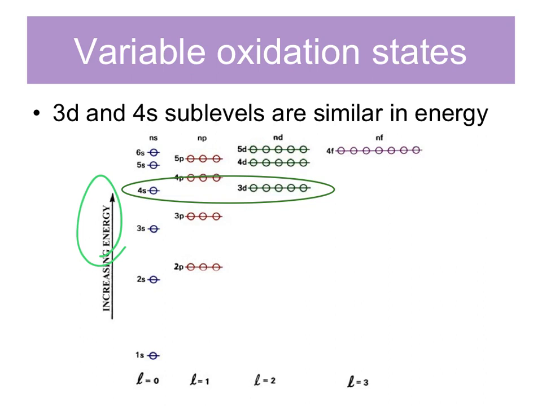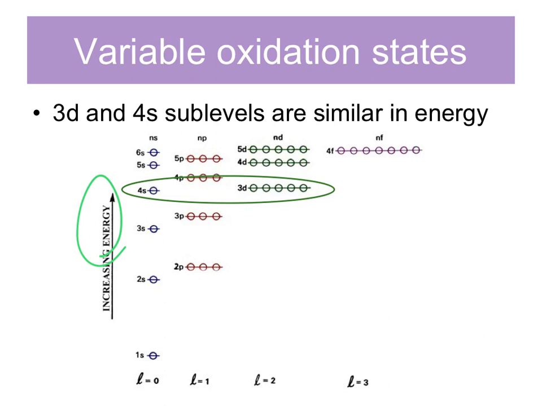As you can see circled here, we have the 4s energy level and the 3d energy level, or orbitals, I should say. And those 2 orbitals actually have very similar amounts of energy. So removing the electrons from the 4s energy level will take a very similar amount of energy as removing electrons from the 3d orbital.